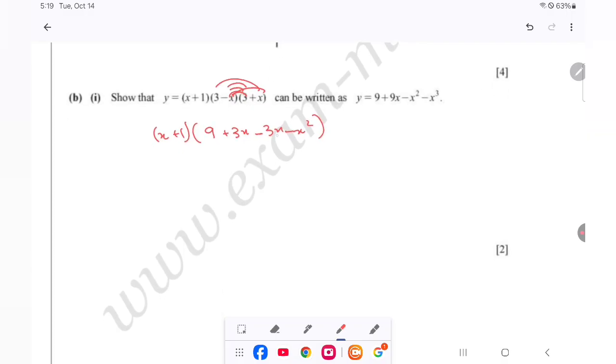For that, simply write x + 1 and multiply these two brackets with each other: 3 times 3 is 9, plus 3x, minus 3x, minus x square. The positive 3x and negative 3x cancel each other out. So we get negative x cube plus x square plus 9.